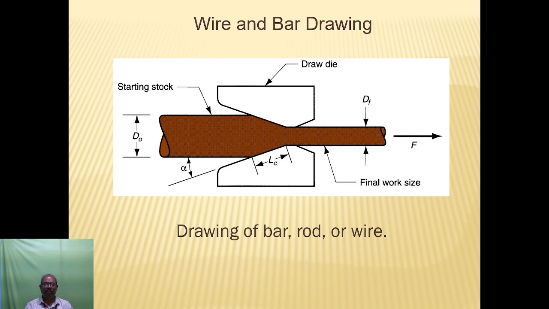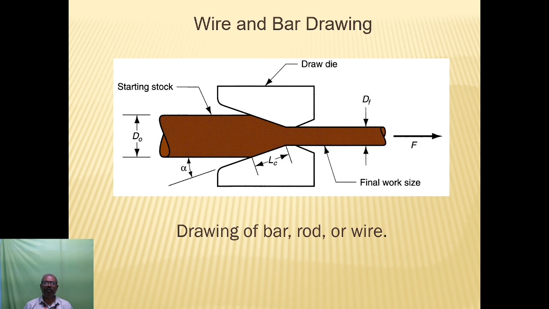So, this is the process of drawing of bar, rod or wire. There is a draw die. This is called a draw die. This is the starting stock workpiece, the diameter is D0. This is the final output, final diameter, final workpiece. When you pull the workpiece, it comes through the draw die, so the cross-sectional area is changed.